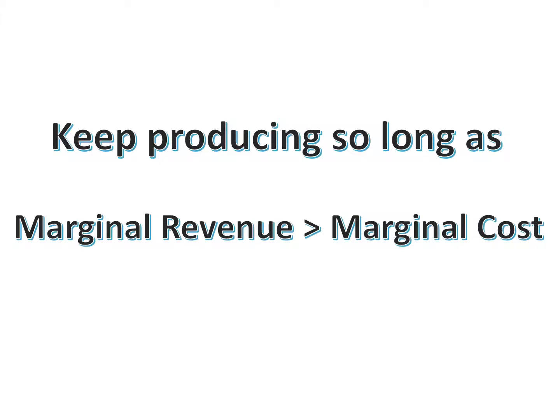When you produce another good, marginal revenue is what you get. That's the good thing. However, you also have to pay something to make it. So as long as what you get for making the good is greater than the cost of making the good, you want to keep making more and more goods. When marginal revenue is no longer greater than marginal cost, you want to stop producing.